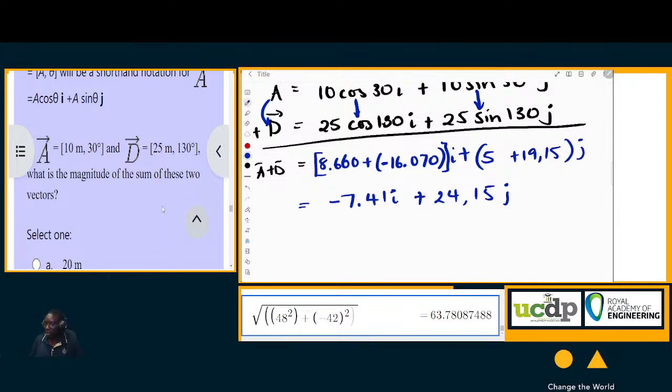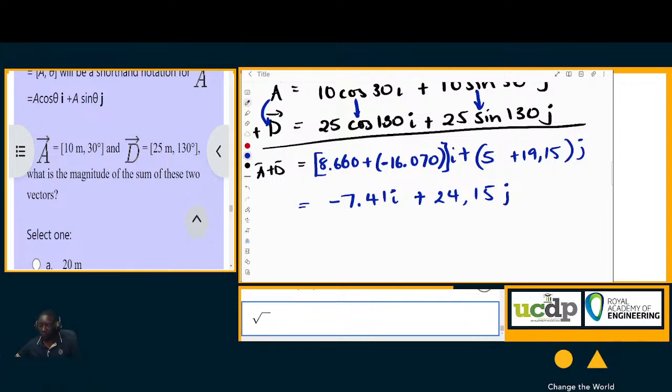That is these values. So let's see. I'll just calculate on the calculator so that you guys can see. Clear everything.